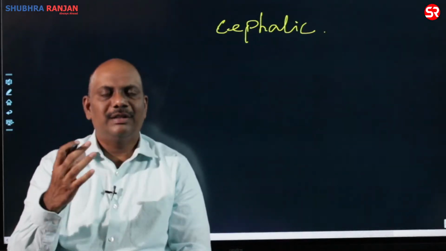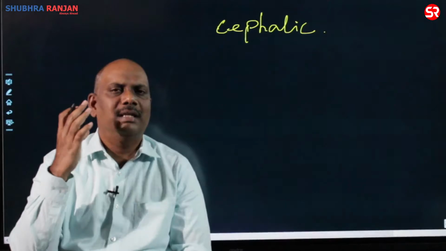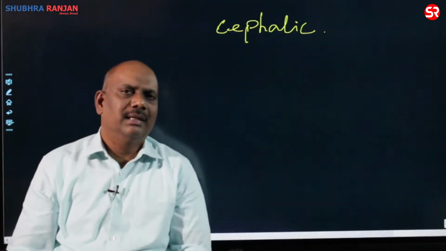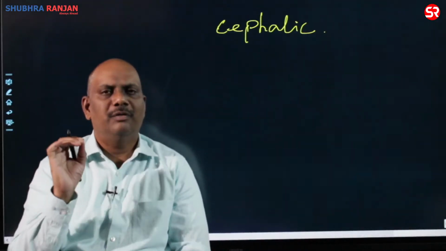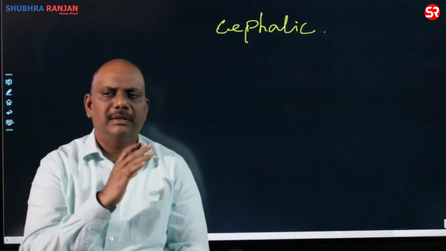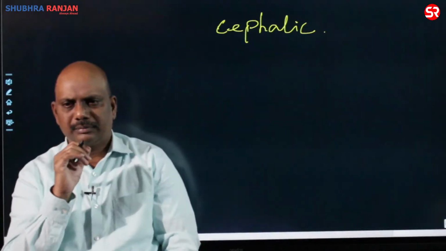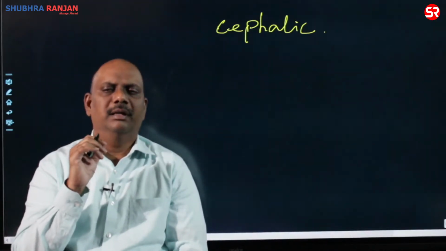So in the cephalic region, we discussed the cranium, and I told you the cranial capacity of Australopithecus is roughly between 400 to 530 cubic centimeters.